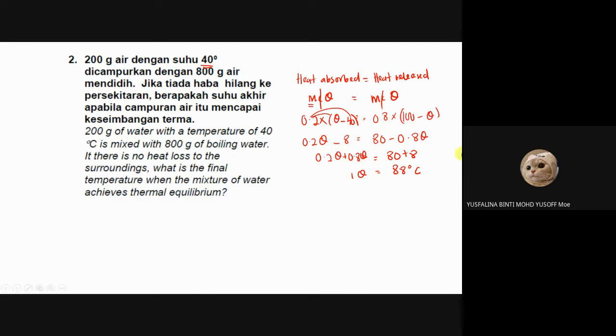So do you know how I calculate this one? I just change here to here, so 0.2 plus 0.8. And then this one negative plus become positive. So the final temperature is 88.